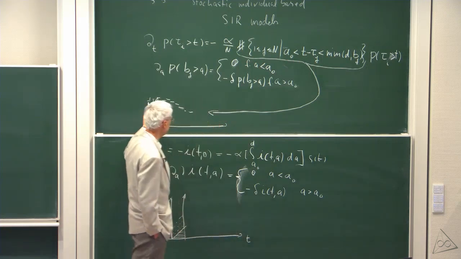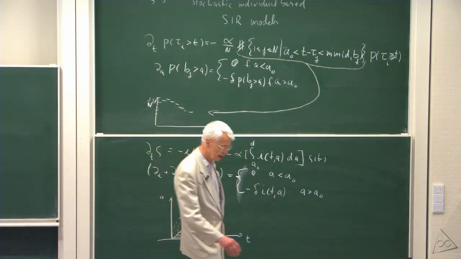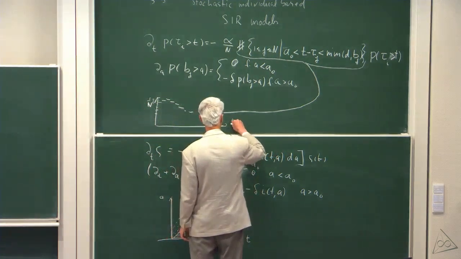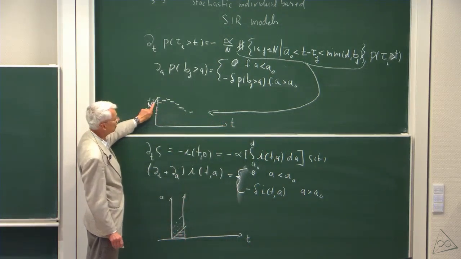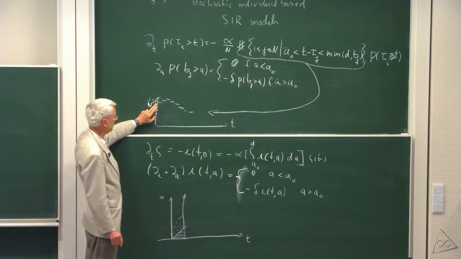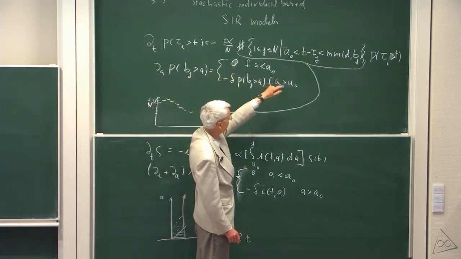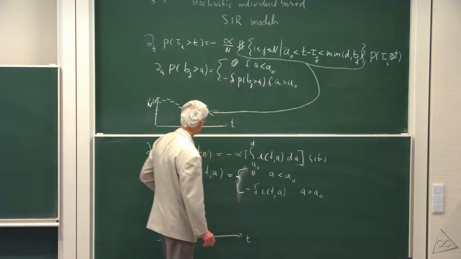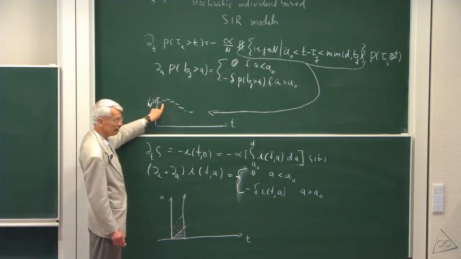Now, when you look at this number in time, so this arrow should be time, then this is, of course, just what I have here. It is just a discrete process. This is 1 over n times the number. So the number is a natural number. You divide by n. So this process is a jump process.